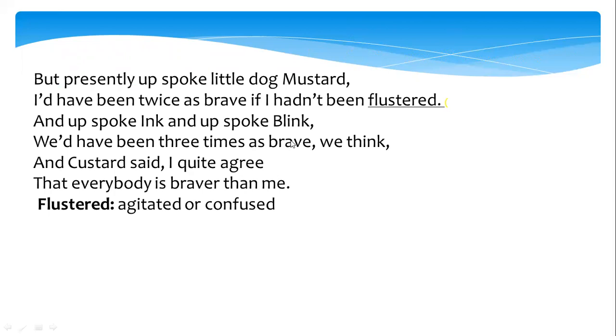Otherwise, he would have been twice as brave as Custard. Both Ink and Blink also said that they would have been 3 times braver than Custard. To this, the dragon said that he fully agreed that all of them were more powerful and braver than him.